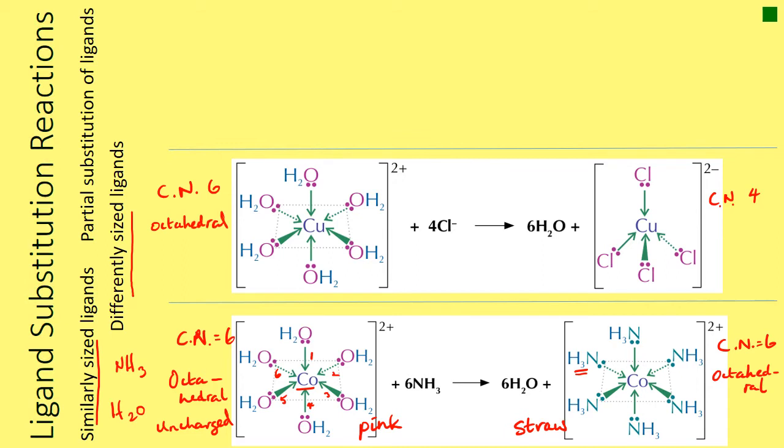Whereas on the right hand side, this is tetrahedral. That's a tetrahedral shape. And what's also changed is the colour, whereas the cobalt water complex is pink and the cobalt chloride complex is straw coloured.